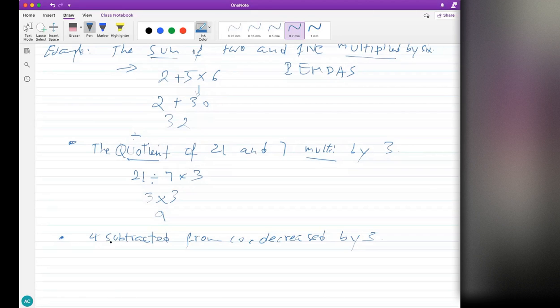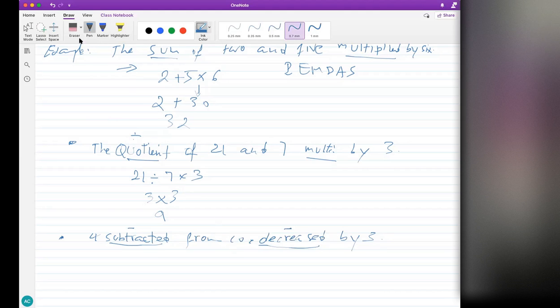We have two keywords here, subtracted and decreased. What's the meaning of each one? Subtracted, obviously, is subtraction. Decreased means subtraction also. The opposite of decrease is increase. That's right.